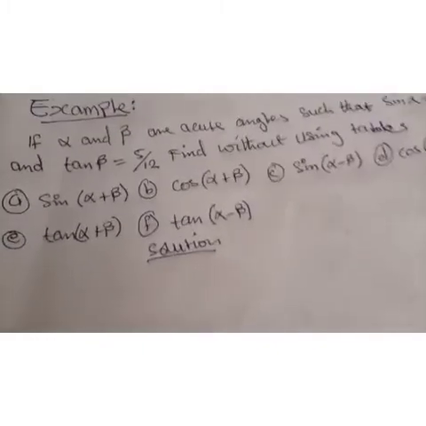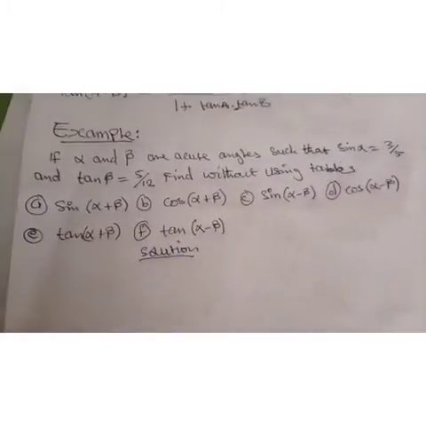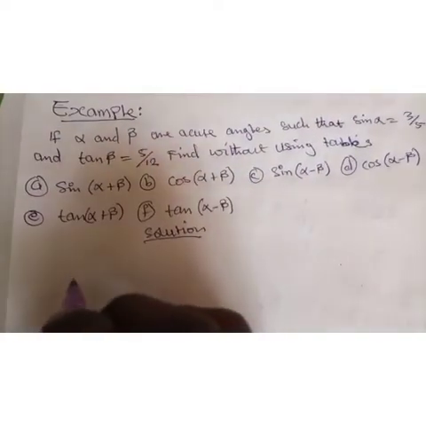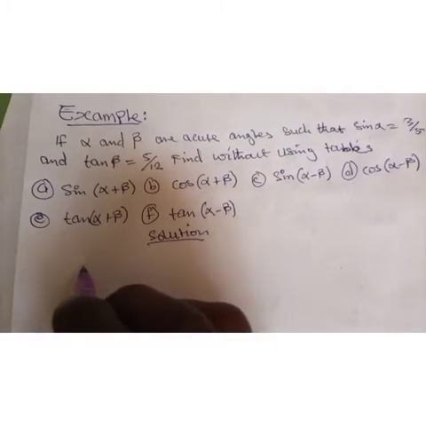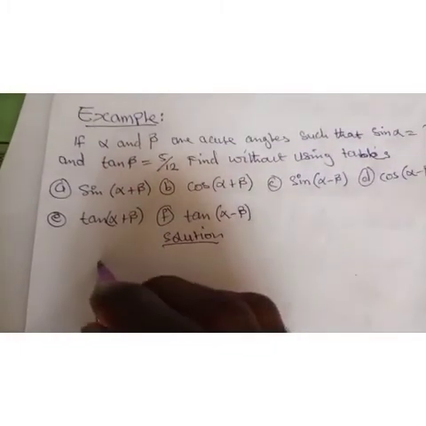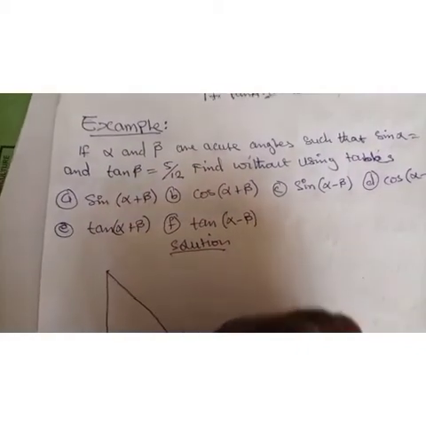if you look at these questions, we have two triangles there. The first one is talking about angle beta, while the other one is talking about angle alpha. So let's draw the diagram. I'm using freehand, so don't mind me.